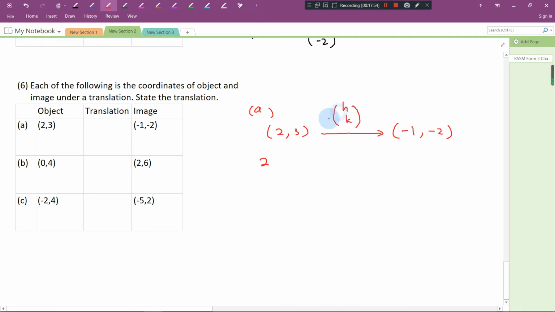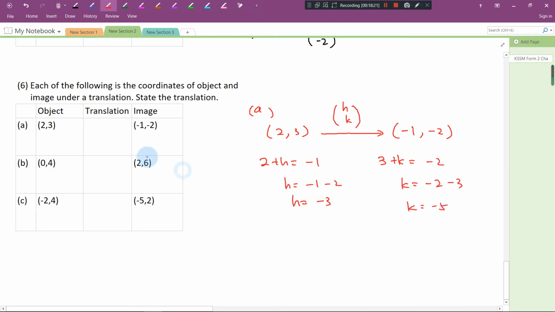2 plus H. 2 plus H will give you -1. Okay, one equation. 3 plus K will give you -2. Okay, then this is just simple linear equation, right? It should be no problem to get the answers. Okay, H is -3, and the K is -2 minus 3 will give you -5.